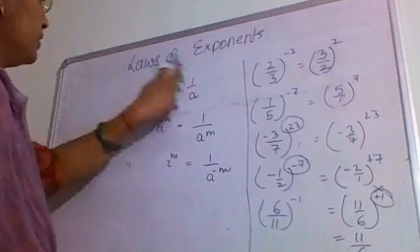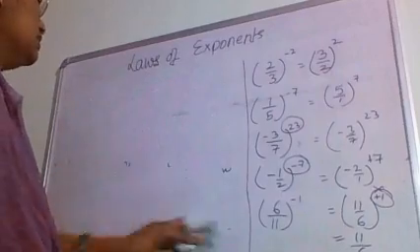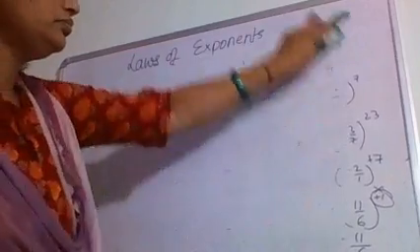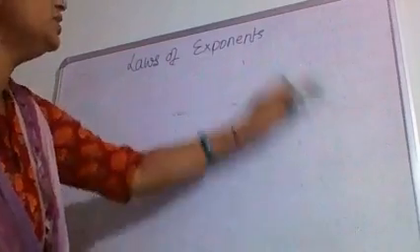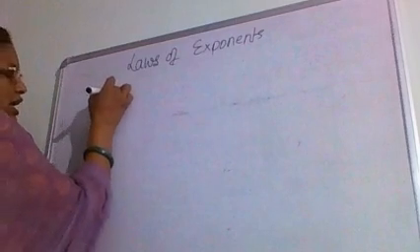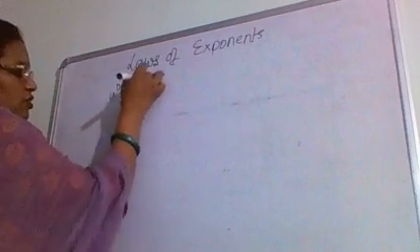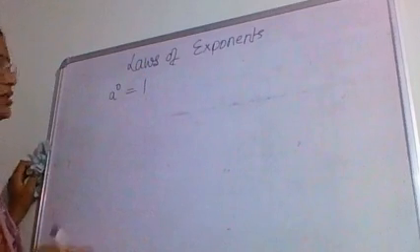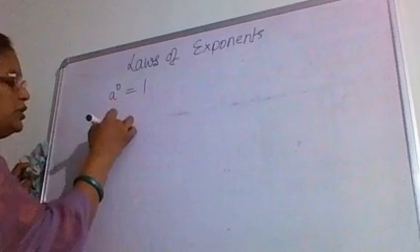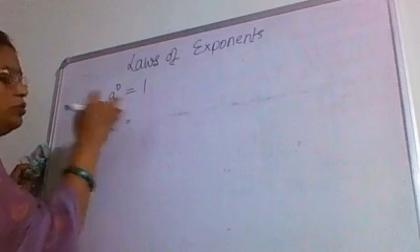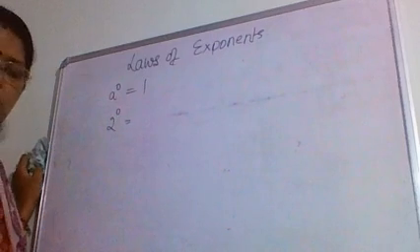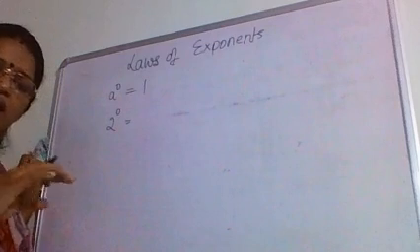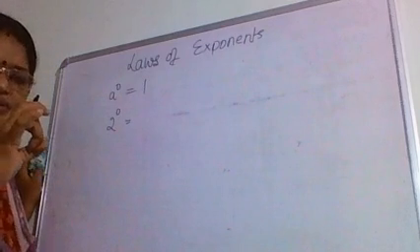Now the next one is, what if the power is 0? A raised to power 0 is always equal to 1. How do you explain this? Say for example 2 raised to power 0. 2 raised to power 0 means that 2 is multiplied 0 times.